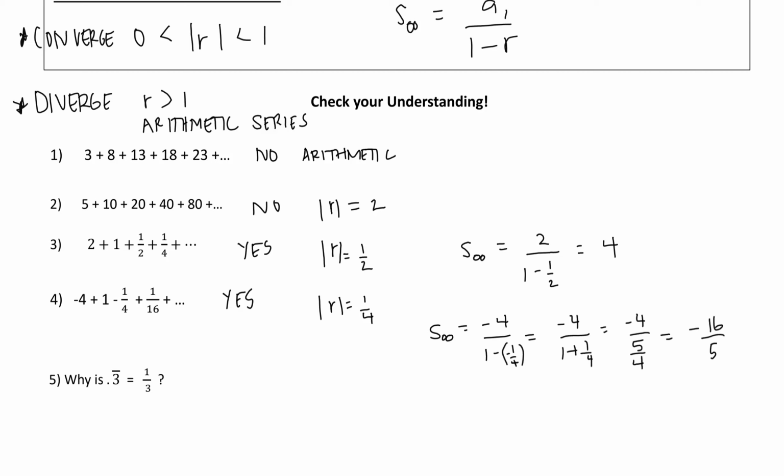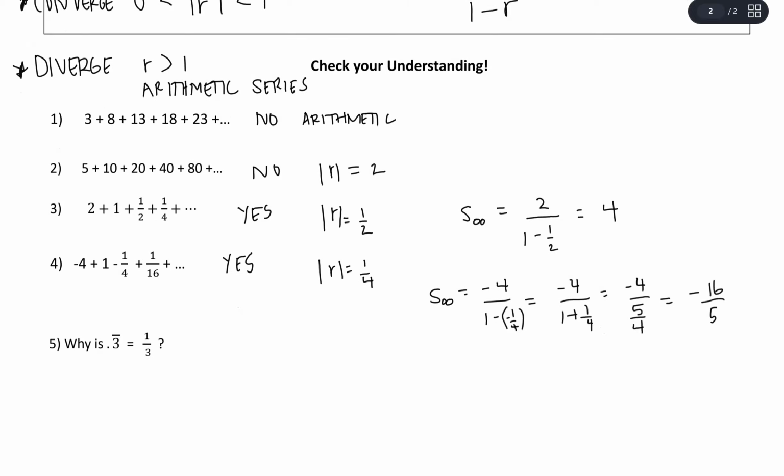The absolute value there is a 1/4, so it is between 0 and 1. When we calculate it, we take our first term and divide it by 1 minus our r value, so that ends up being a negative 16/5.